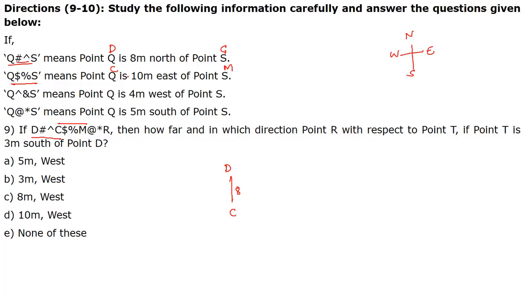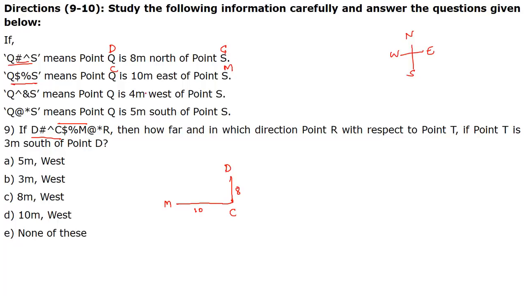What does this mean? C is 10 meters east of point M. So if I put M here, M's east would be this. So 10 meters to the east of M, C would be there. I repeat.